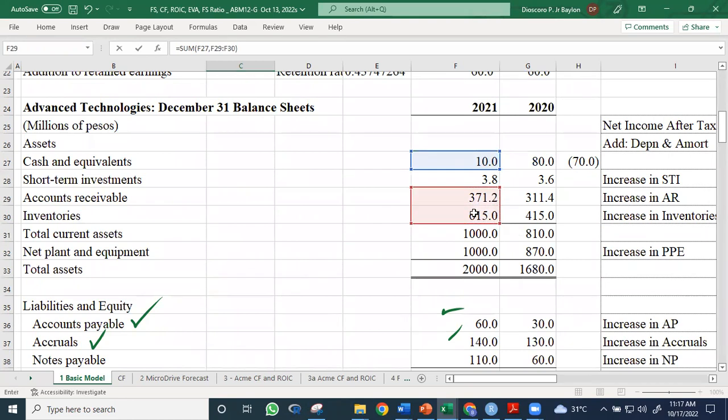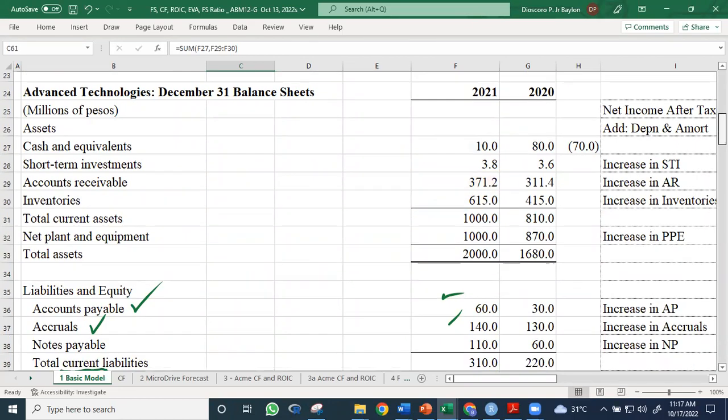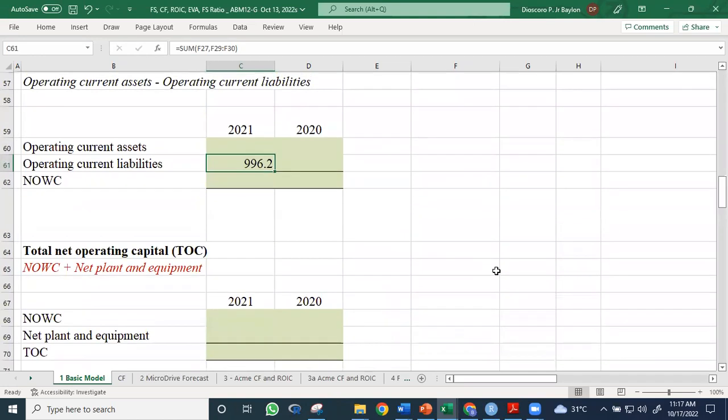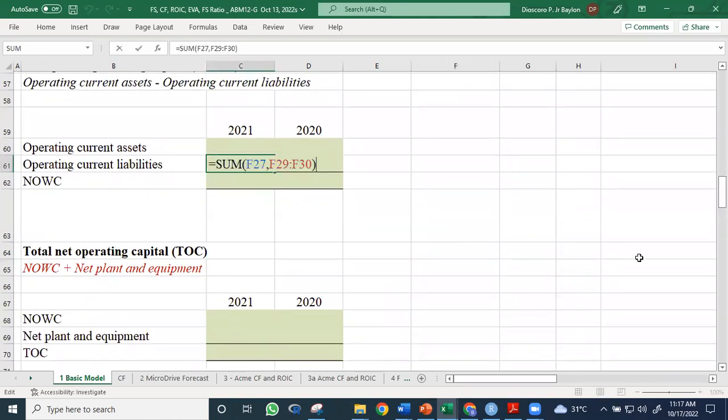These are your operating current assets. Let me flash the formula: it's a sum of your cash, your accounts receivable, and your inventories.